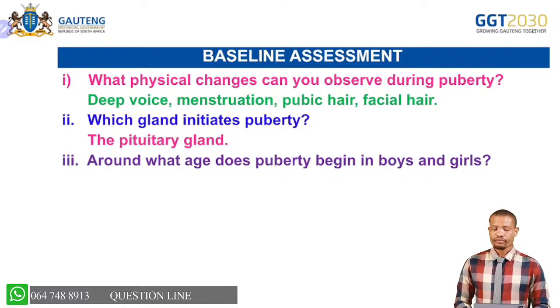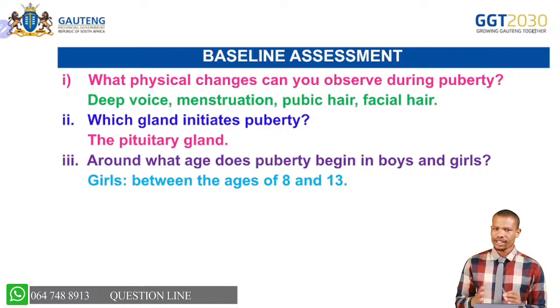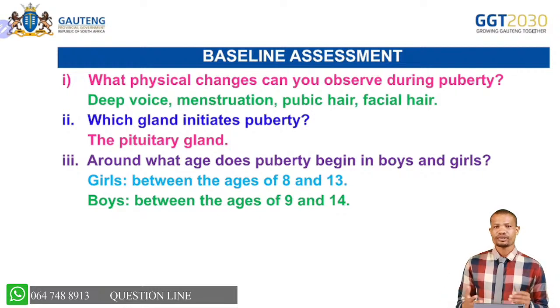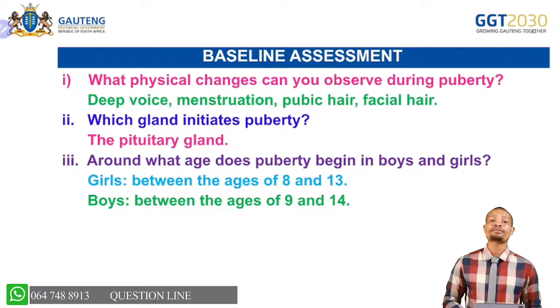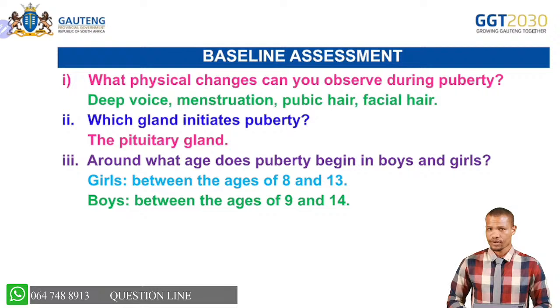Yes. So in girls, it begins between the ages of 8 and 13. And in boys, it begins around the ages of 9 and 14. Okay? So if you got these questions correct, well done. And if you did not, I hope you were able to see where you went wrong, and you will get them right in your tests and your exams, okay?